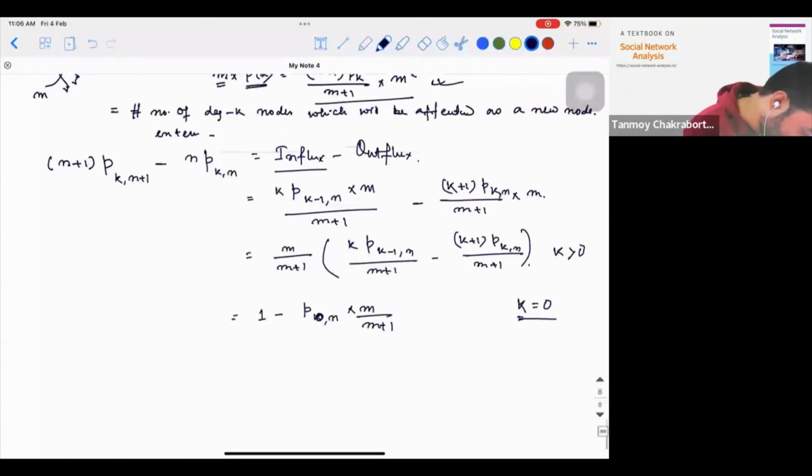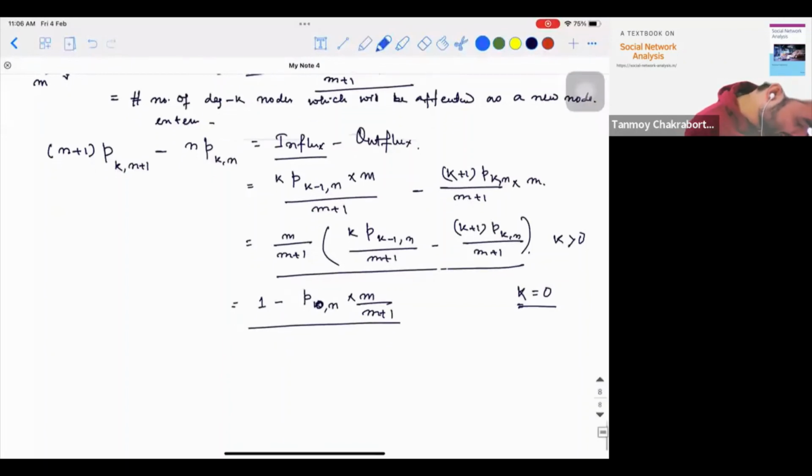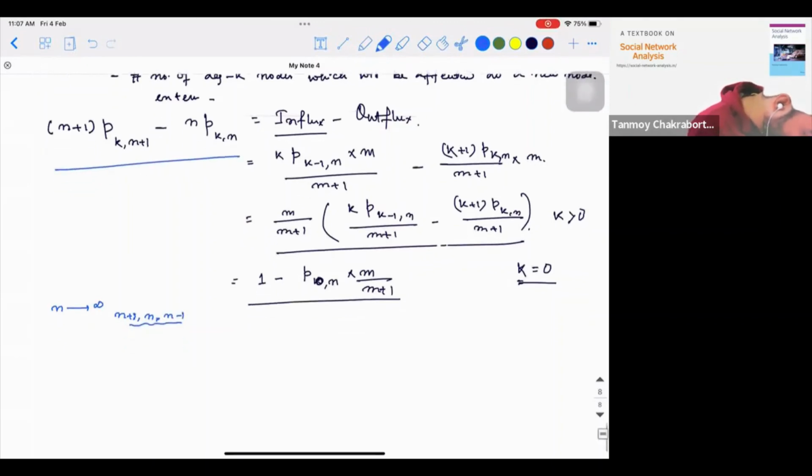So this is the value when k is greater than 0, and this is the value when k equals 0. Okay, so let's assume that when n tends to infinity, n plus 1 and n minus 1 are all the same, so we can ignore this. Therefore we rewrite this equation again.